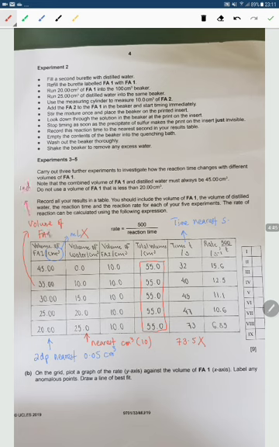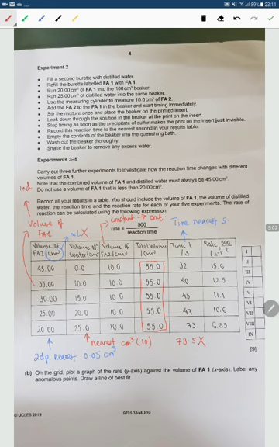The candidate also keeps the volume of Fa2 constant. By keeping the volume of Fa2 constant, that becomes a control in that practical. You can also refer to the total volume being a control because it is kept constant at 55 centimeter cube.